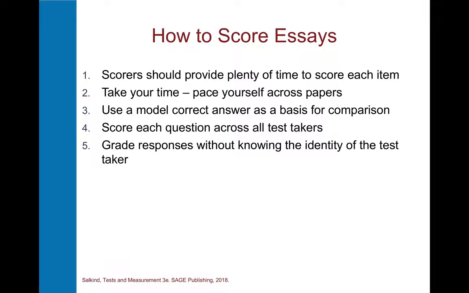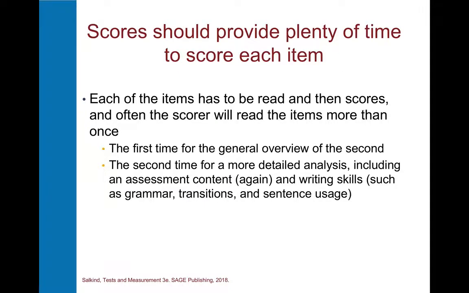Number 2, you want to pace yourself as you're grading across papers. I'll talk a little bit about why in just a little bit. You want to use a model correct answer as a basis for comparison or some type of objective basis of comparison. You want to score each question across all test takers. I'll talk a little bit about that. And then it might be useful for you to grade your responses without knowing the identity of the test taker. And so let's talk a little bit about each.